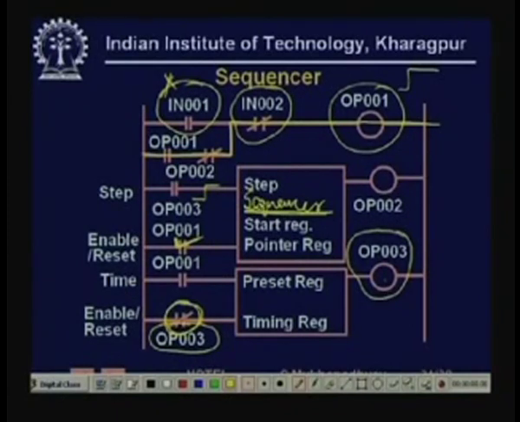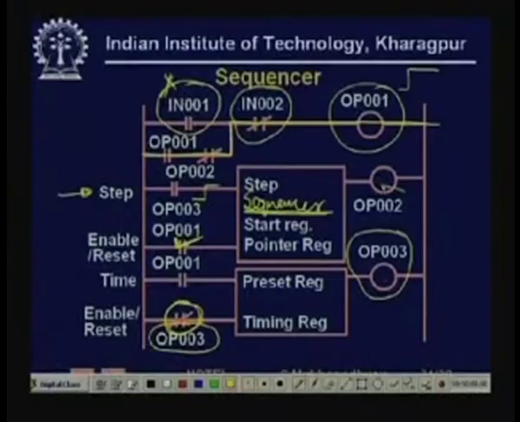In the sequencer, every time it gets a pulse into its step input, it executes a particular set of outputs. These are bit outputs which are stored in some register.